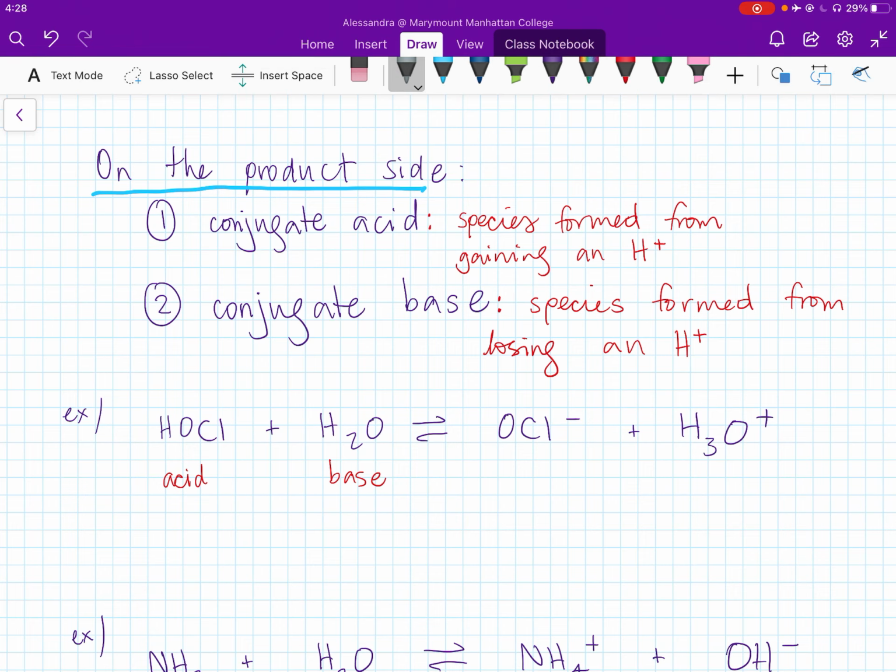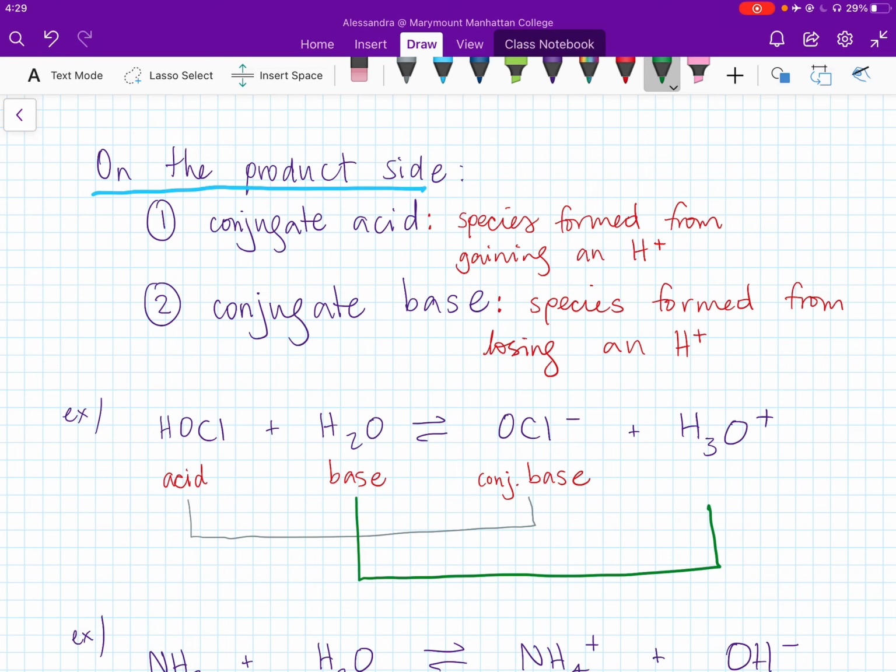Well, HOCl is the proton donor, and what's left of it on the other side would be defined as the conjugate base. So OCl minus is the species that is formed from losing a proton. So every acid on the left is going to have a conjugate base on the right. Conversely, every base on the left is going to have a conjugate acid on the right. And the conjugate acid is the species that's formed from gaining a proton.